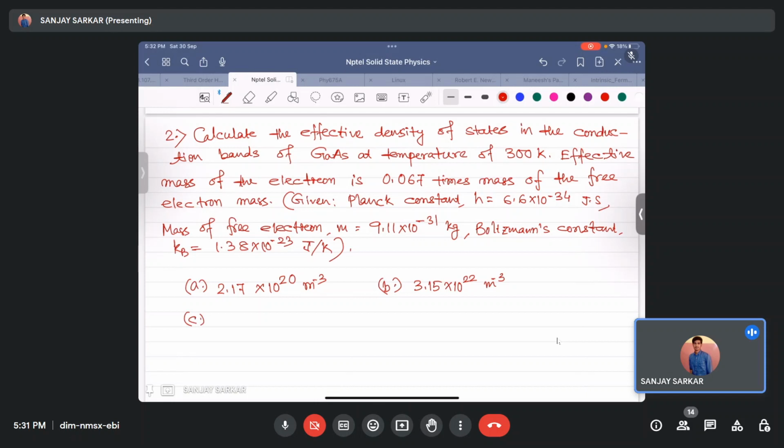Option C is 4.39 into 10 to the power 23 meter cube inverse, and option D is 5.75 into 10 to the power 26 meter cube inverse. So calculate this for gallium arsenide.